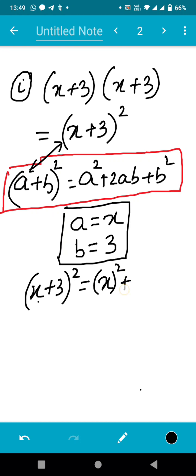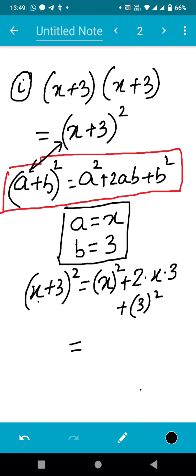Now plus 2ab, isn't it? 2ab means 2 into a into b. So 2, then a dot. The dot is just a substitute for the multiplication sign. What is there in place of a? We will write x. Again you put a dot. And what is there in place of b? It is 3. And at last we have b square, so b is 3. Now we'll solve this.